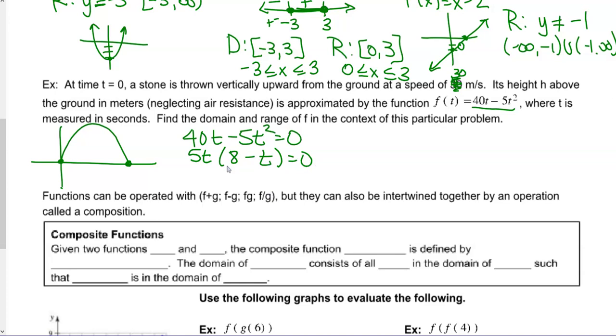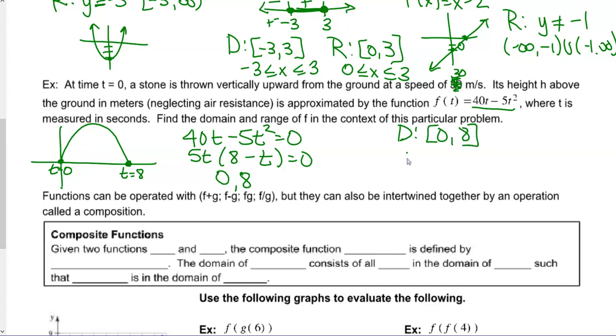So in this factor, 8 minus what number equals 0? Hopefully you tell me 8. And 5t equals 0 when t is 0. So that means at t equals 0 and at t equals 8, we're on the ground, constituting the domain, which goes from 0 to 8, including both of those t values.